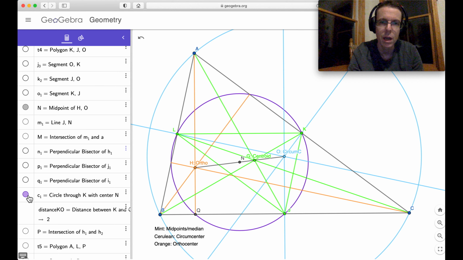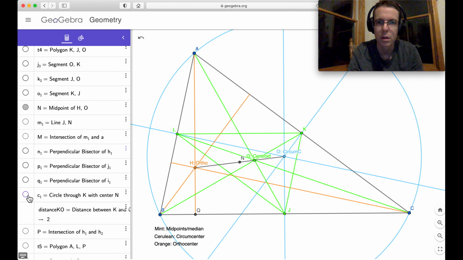So I'm actually going to hide the circle because I don't want to confuse you about how the points are constructed. When I construct the points, I want it to be a theorem that they lie on the circle, and it will be hard to see that something is really happening if the circle is there waiting. So what I'm going to do is construct the line connecting J to N. Okay, so this is actually a radius, at least the segment JN is a radius of that circumcircle of JKL.